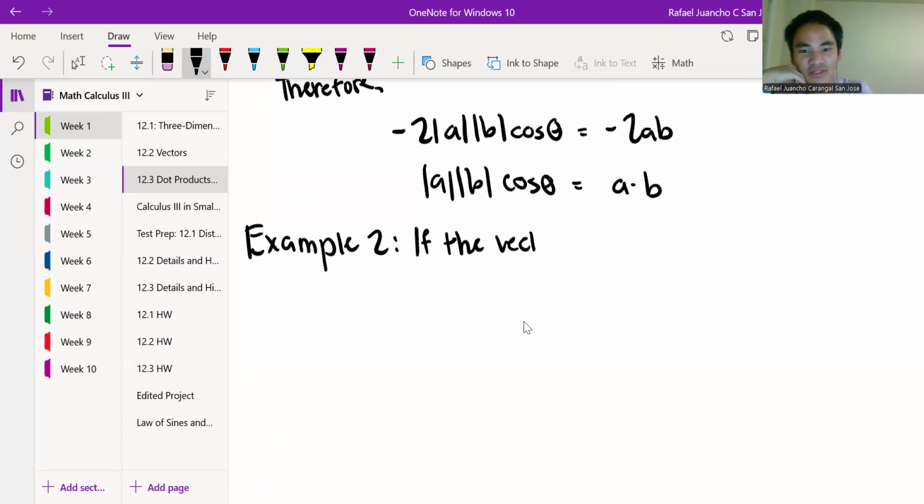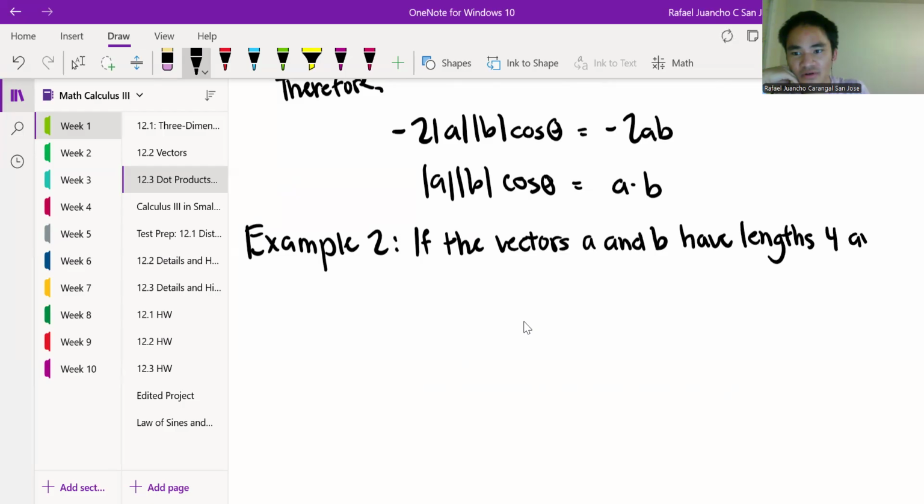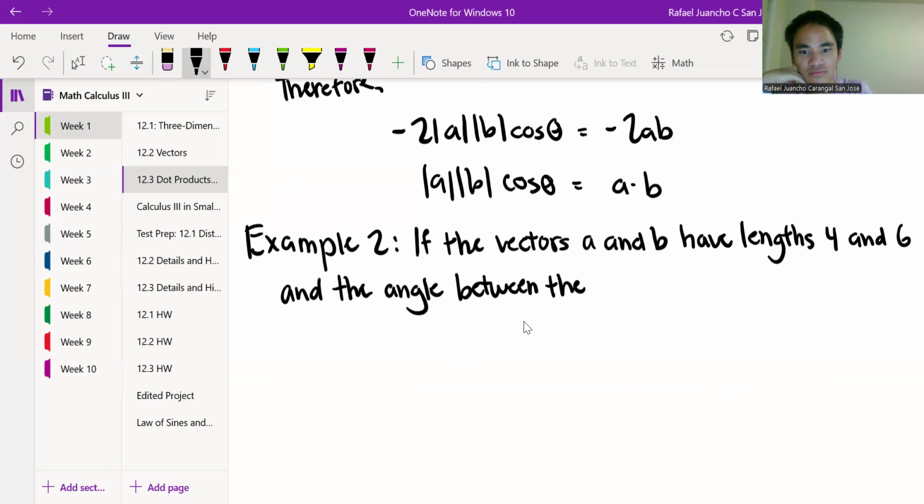And here the question is, if the vectors A and B have lengths 4 and 6, and the angle between them, so what's the angle between them?